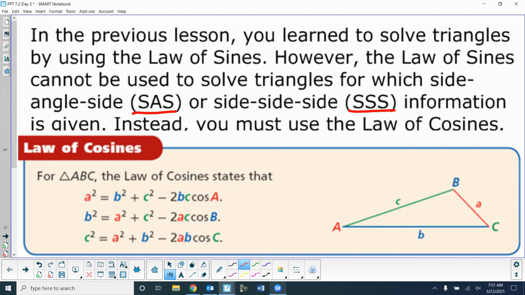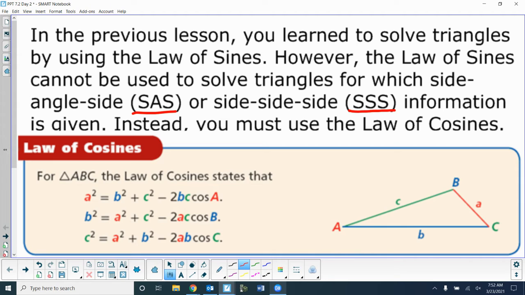When you have the three sides, okay, which one did we start with? Which angle did we know to figure out? The largest, right? Okay, so remember that. If you have side, side, side, we're going to find the largest angle first, which will be opposite the longest side.